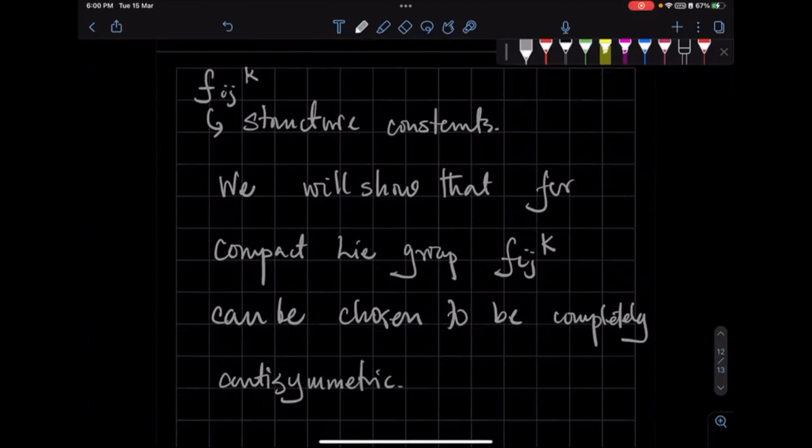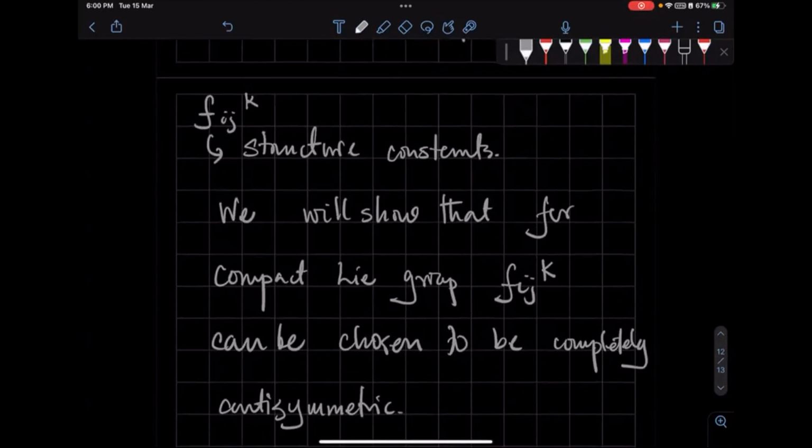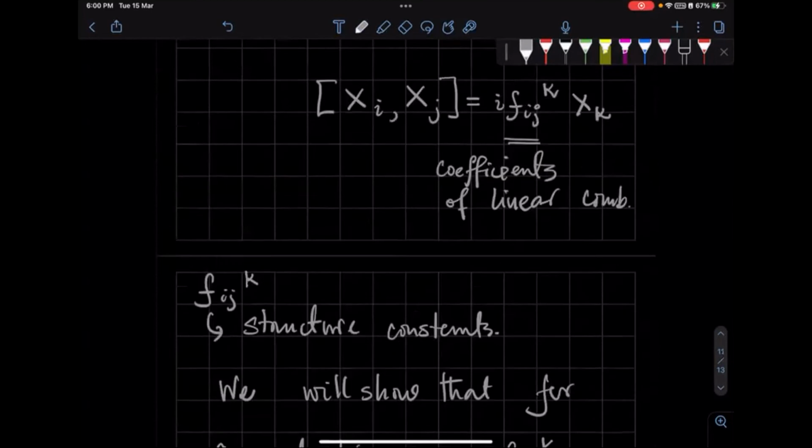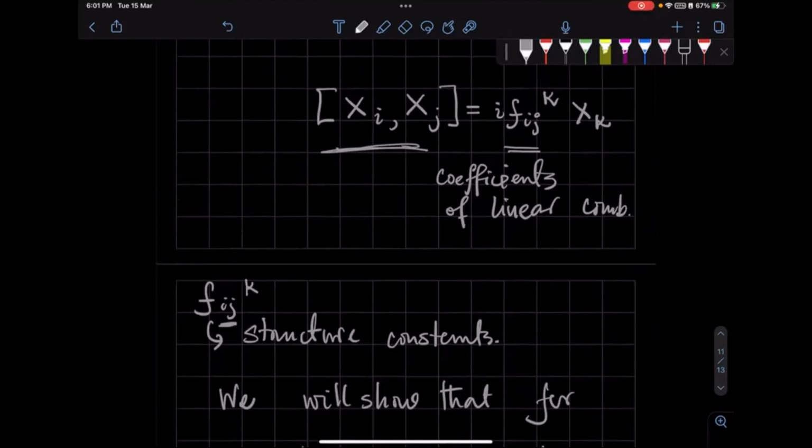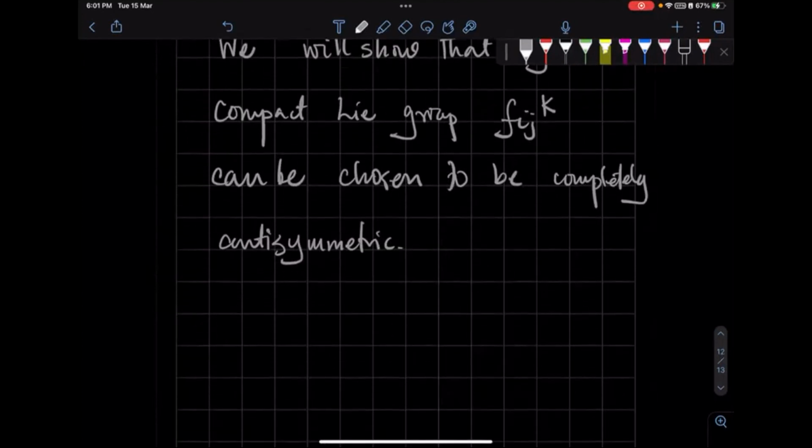Okay, so for example, from the definition, we see that the first two indices have to be antisymmetric, right? The left-hand side is antisymmetric, so the right-hand side must be antisymmetric in i and j. But there is no reason why k and j should be antisymmetric.